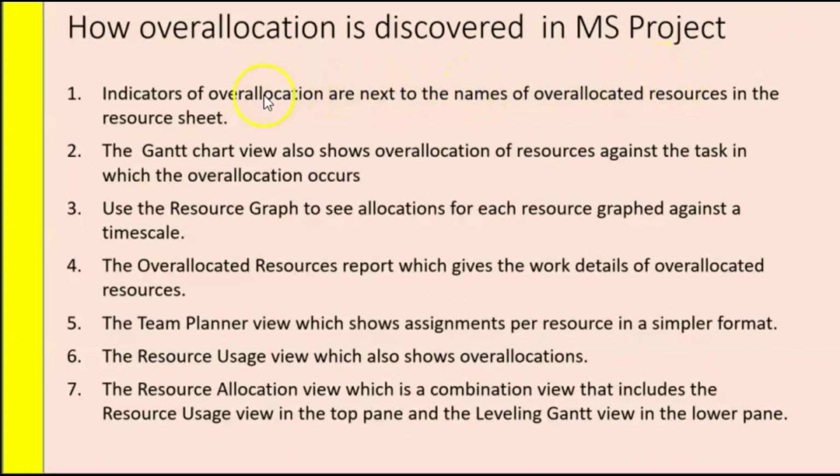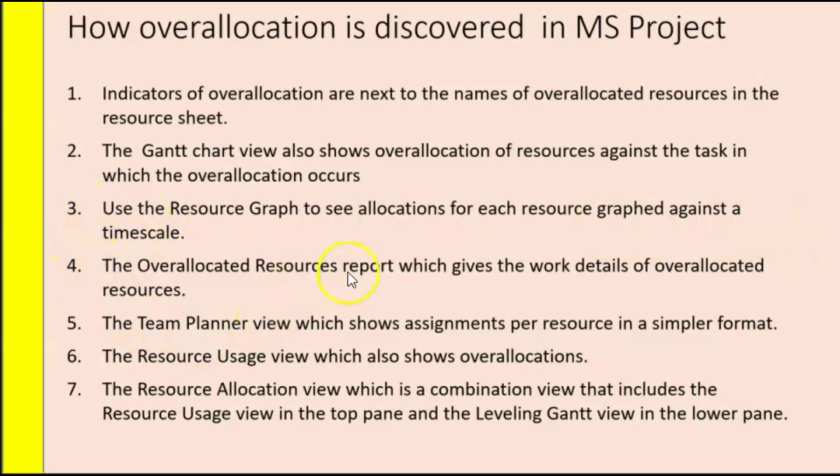There are several ways. 1. Indicators of overallocation are next to the names of overallocated resources in the resource sheet. 2. The Gantt chart view also shows overallocation of resources against the task in which the overallocation occurs. 3. You can use the resource graph to see allocations for each resource graphed against a timeline. 4.